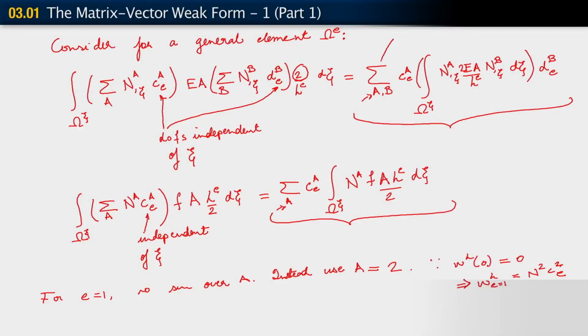The first step to getting to a matrix vector form of the weak form is to aim to eliminate these sums. And the way we will eliminate those sums is by writing them out using matrix vector products.